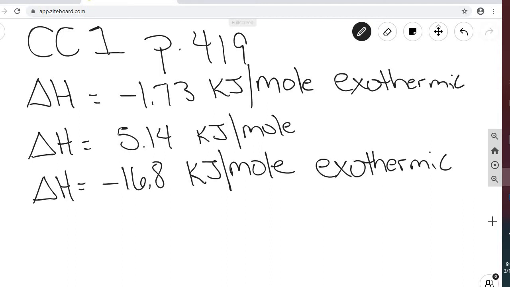And if delta H is positive, then we know that it is an endothermic reaction. And then the second part of that says if we assume equal moles of the reactants, which one will feel the hottest?